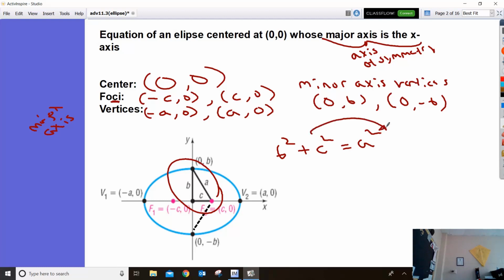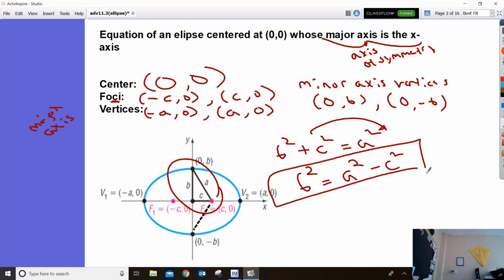You need to memorize this, that b squared is a squared minus c squared. You didn't redo Pythagorean theorem here. It's just the way this thing is labeled. You need to know that because a and c are usually given to you. What you usually have to find is this other distance that gets you to the minor axis. So this is the form you need to memorize. It just comes from drawing in the triangle. You guys okay with that?